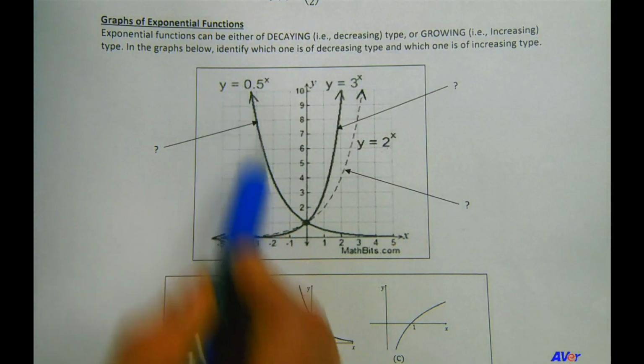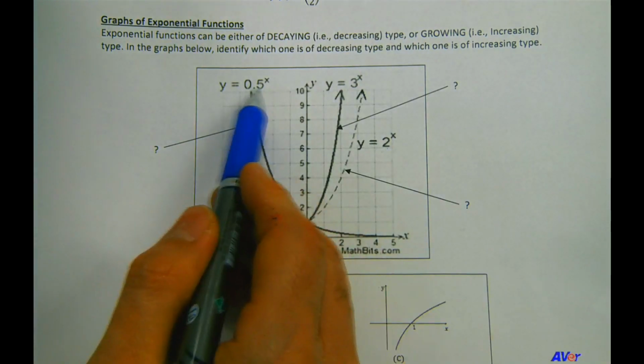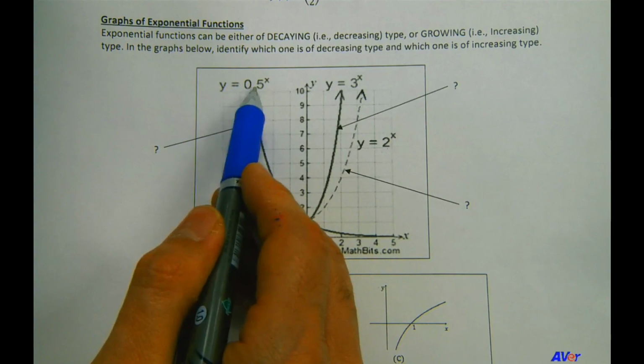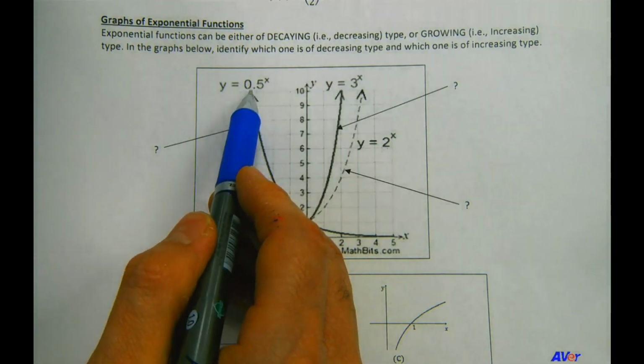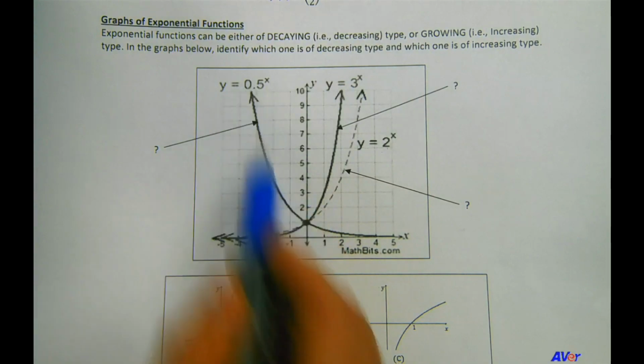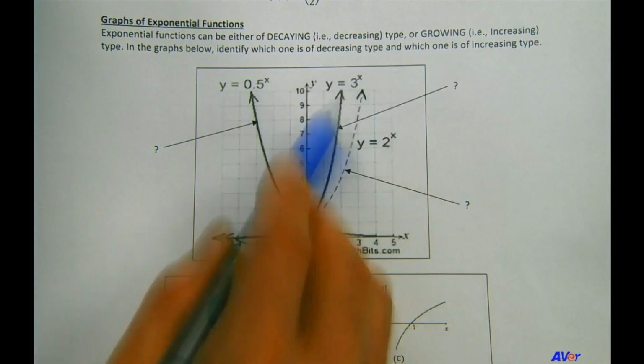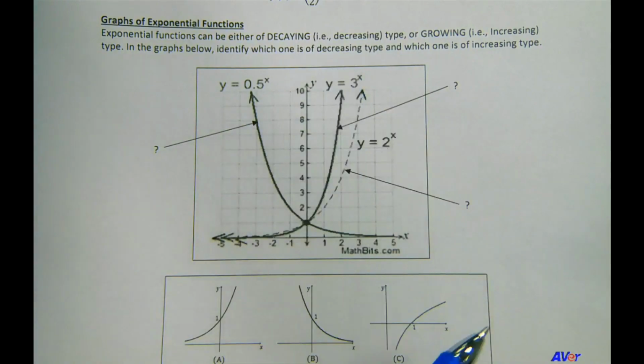It is rapidly declining, right? And you could predict that even without a technology, just by noticing the base. What value does it have? If it is between 0 and 1, then it's a declining function. If it's larger than 1, then it's a growing function. Okay?